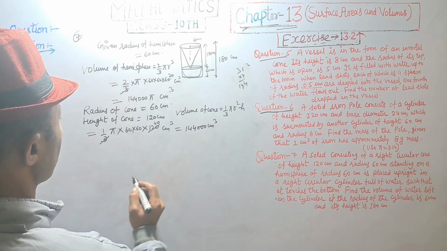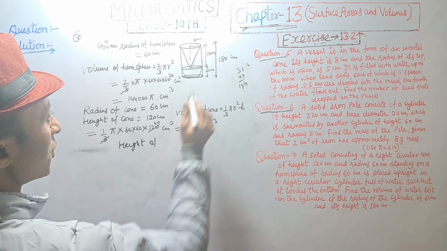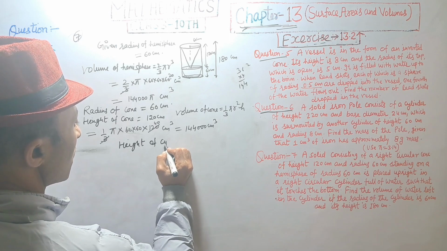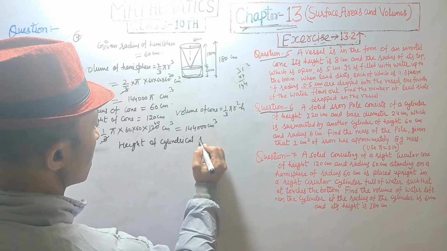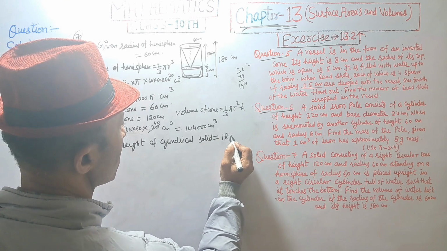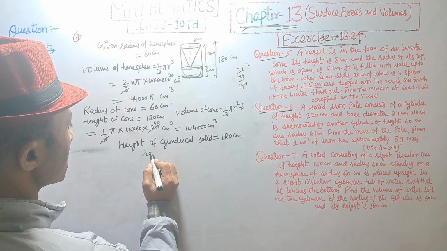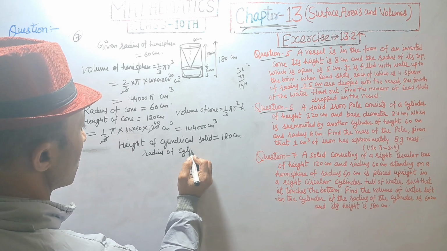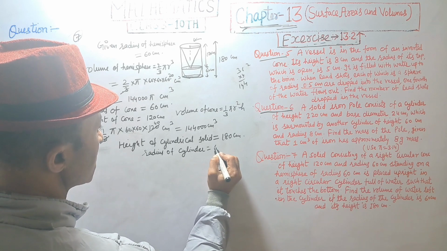Total height of the cylindrical solid is equal to 180 centimeter, and the radius of the cylinder is equal to 60 centimeter.